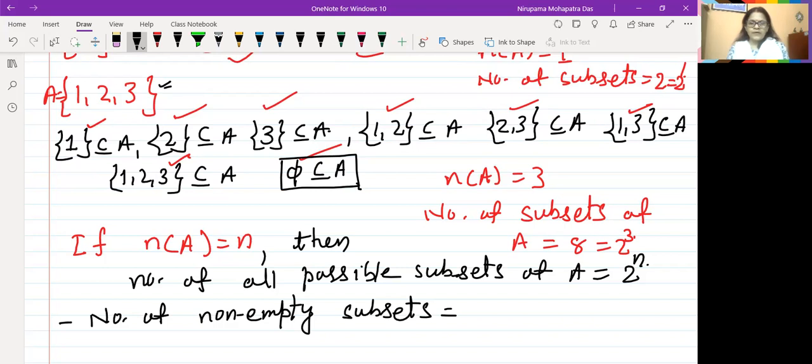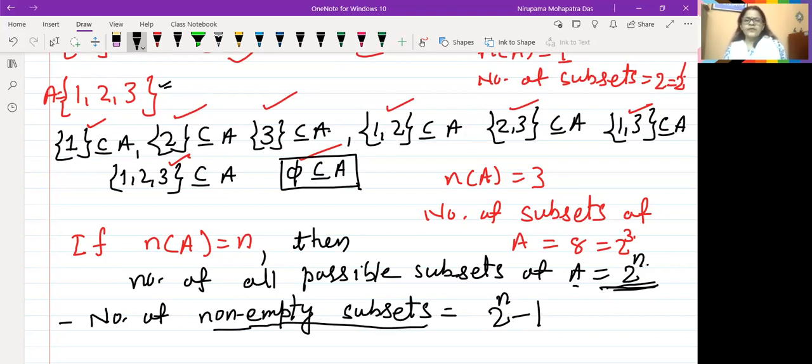So you can see here, the number of all possible subsets of A, when A contains n number of elements, is 2 raised to the power n. If the question is specifically how many non-empty subsets, then you can write 2 raised to the power n minus 1. You can see this from all 3 examples.